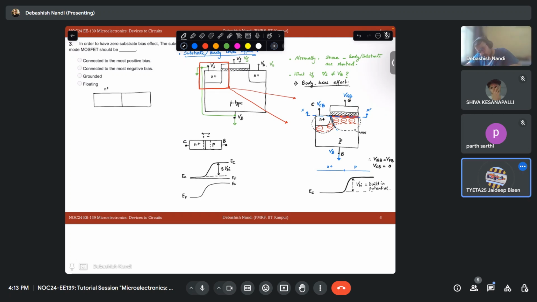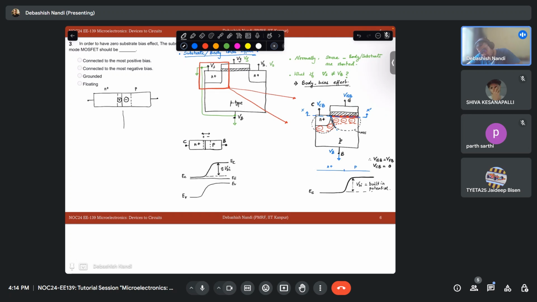Okay, so this is your N plus P, right? So what will happen? Some depletion region will form. This will be your positive donor atoms, and this will be your negative acceptor ions.